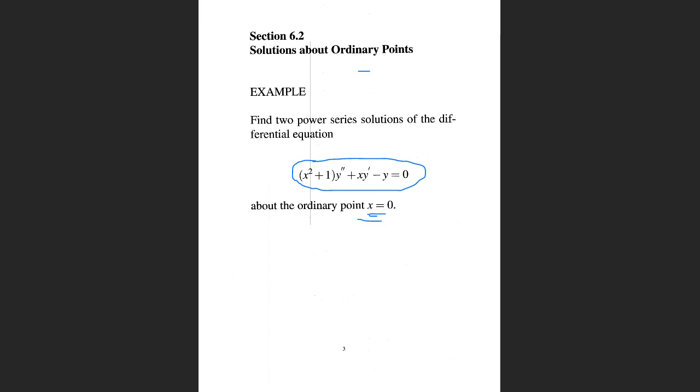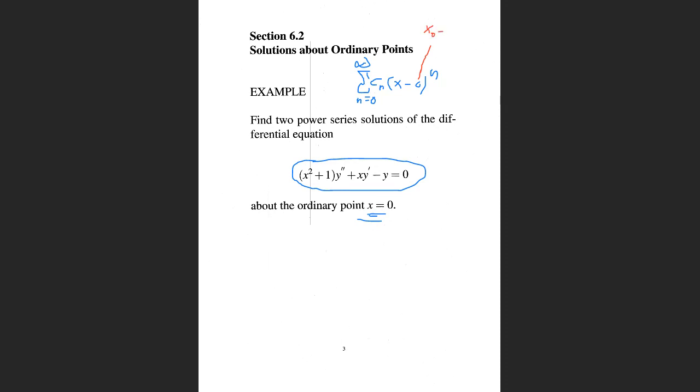So the power series solutions based on that are going to be of the form the sum where n equals 0 to infinity of c sub n times (x minus 0) to the nth power. In other words, the x sub 0 is equal to 0.